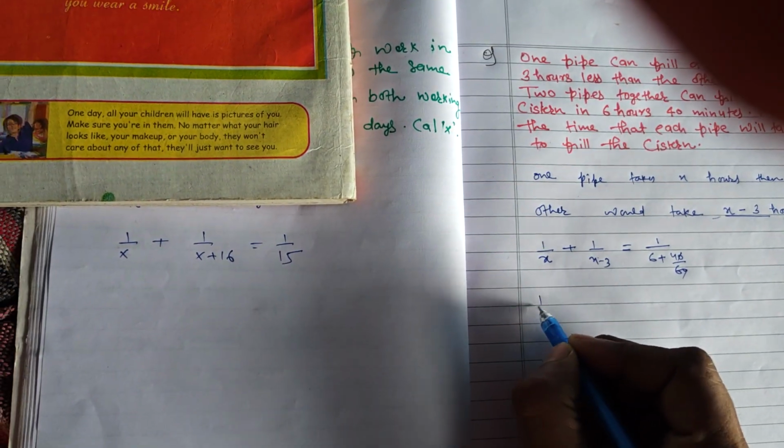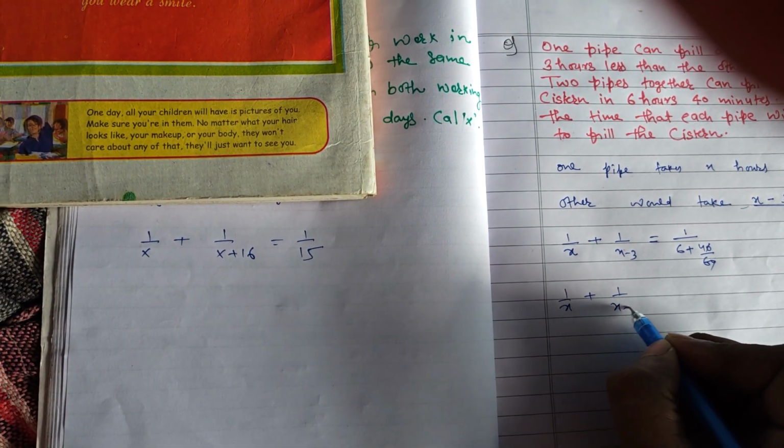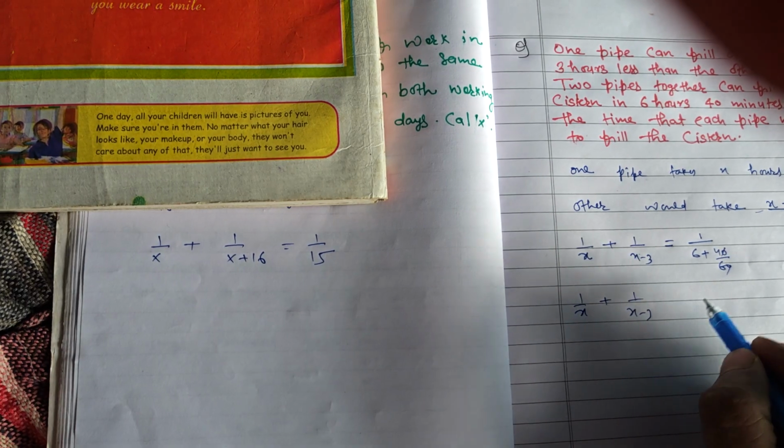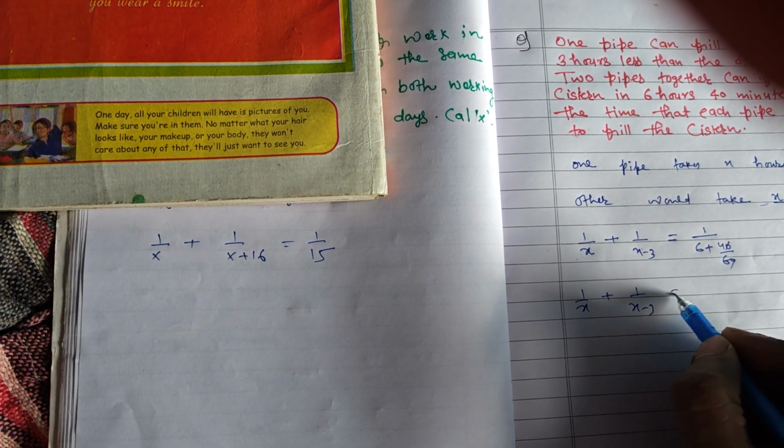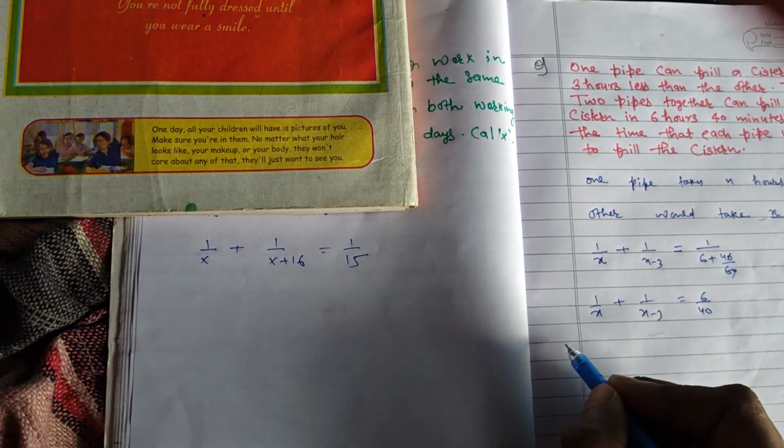It would become 1 upon X plus 1 upon X minus 3, that becomes 6 upon 40.